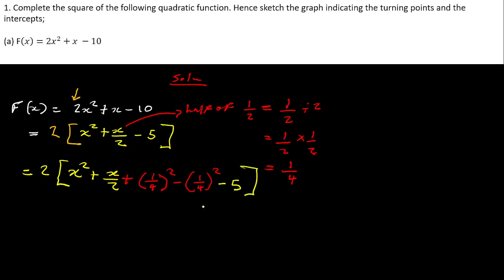From this expression, one thing you need to understand is that 1 over 4 squared minus 1 over 4 squared is simply equal to 0. That simply means that at this particular point we have just added a 0, and this expression is the same as the previous expression.